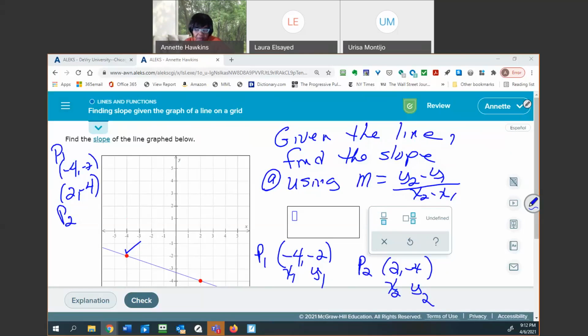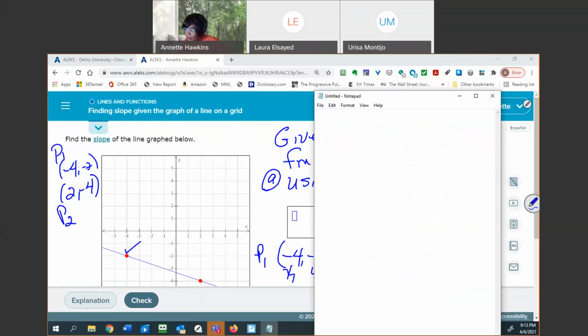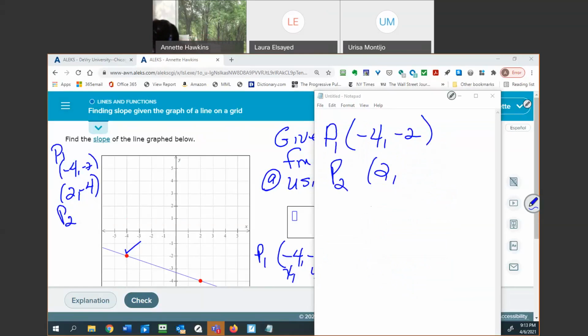All right, so now what we want to do is to use our formula to get the slope. So point 1, -4, -2, point 2, 2, -4. We said that this is x1, y1, x2, y2. The formula is y sub 2 minus y sub 1, over x sub 2 minus x sub 1.